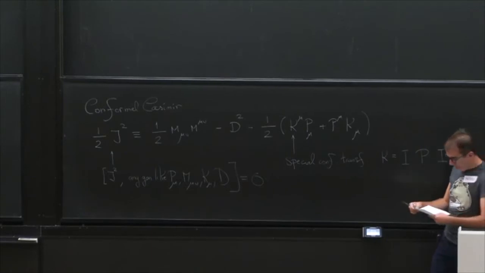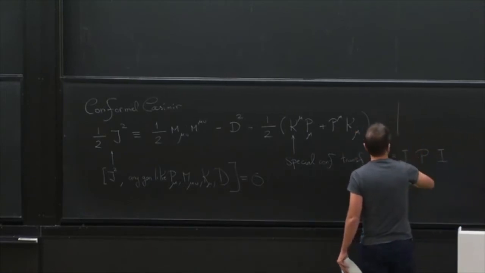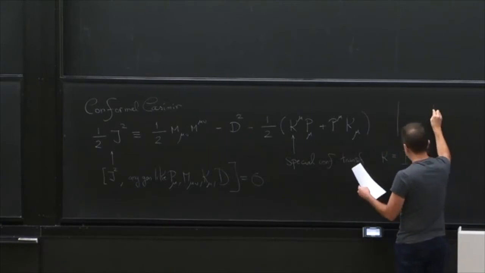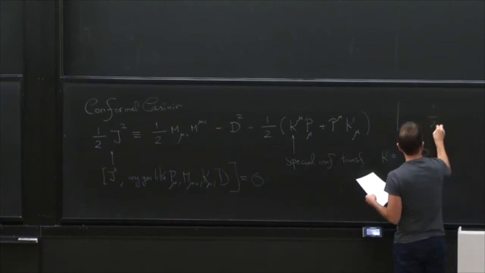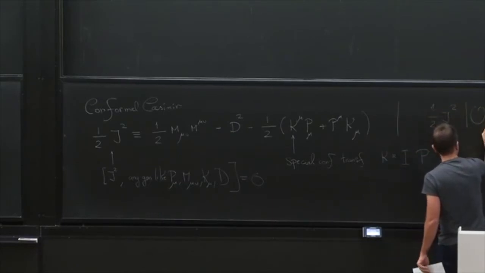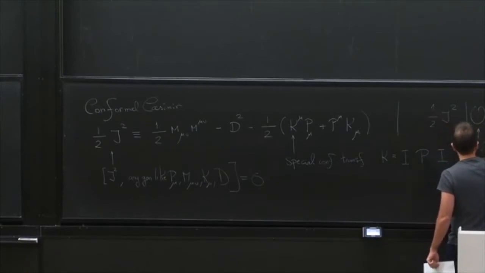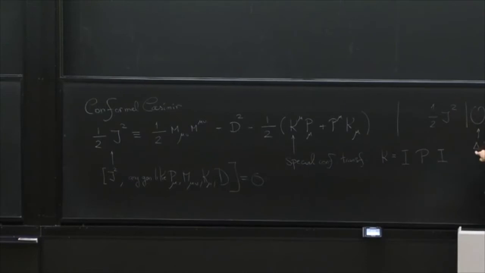And now, what do we know about this operator? We know that this Casimir operator, if you act on some operator that has dimension delta and spin s, just measures these quantum numbers, and it gives us something, the analog of j(j+1).